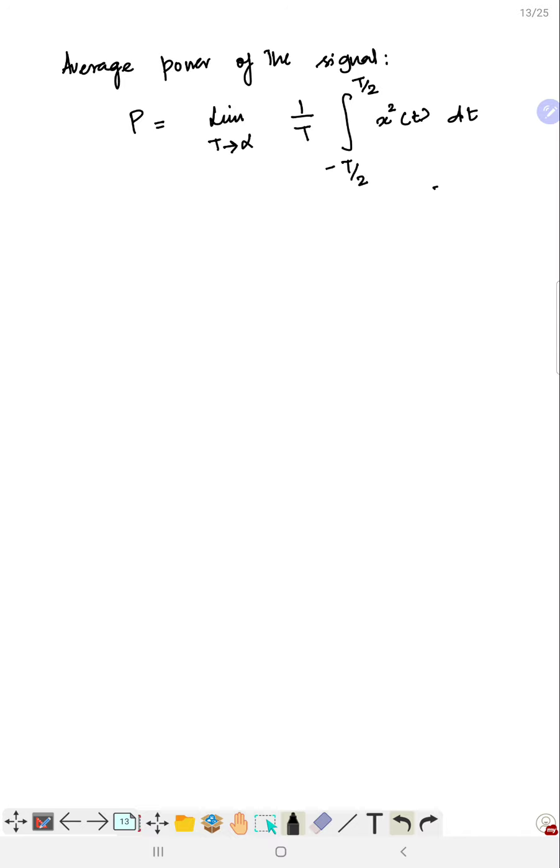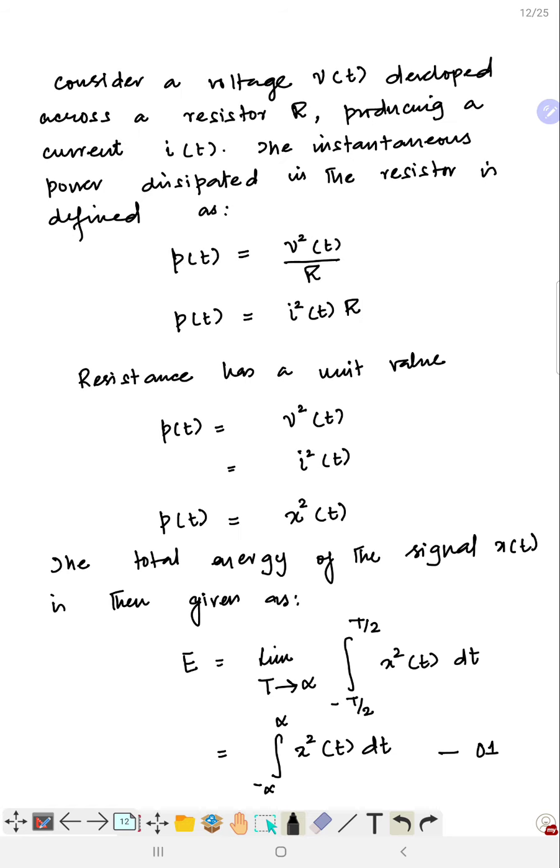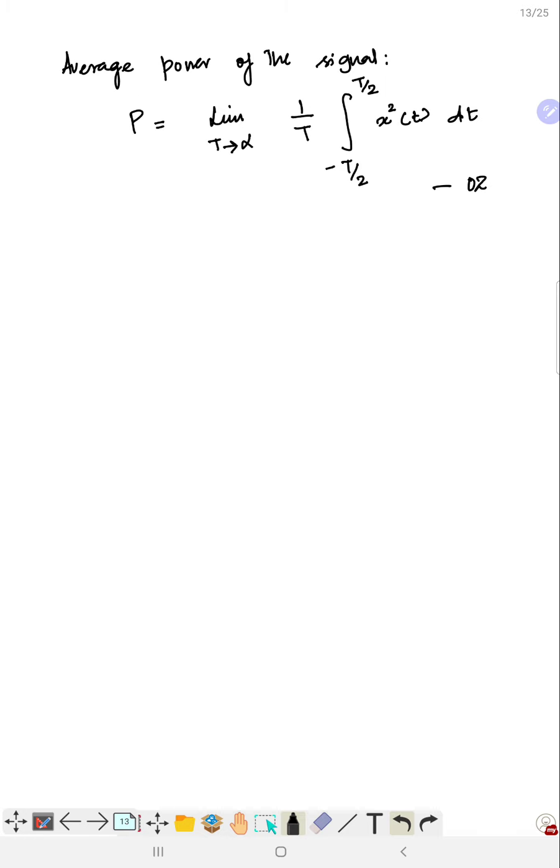Fine. Let's call it 2. So we have an expression for the total energy content in this signal, and we have an expression for the average power of the signal.